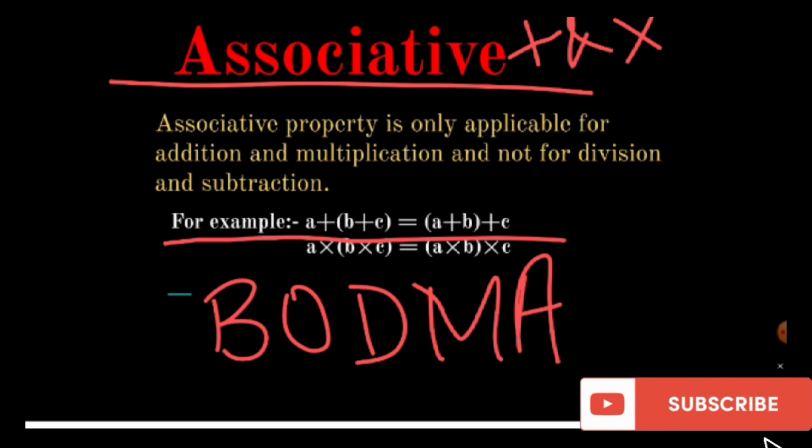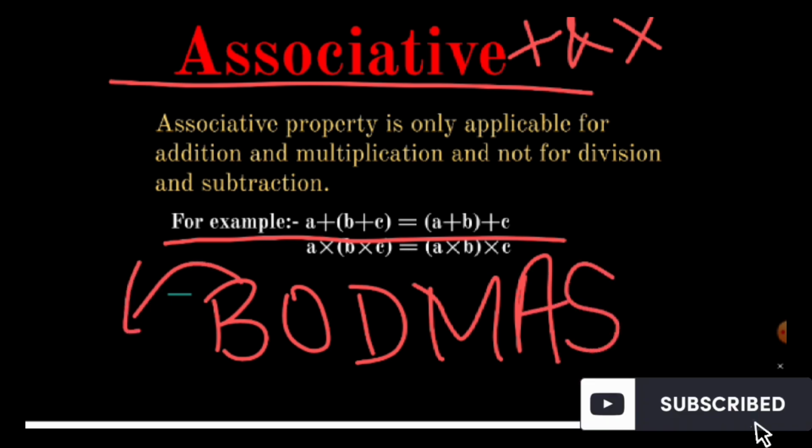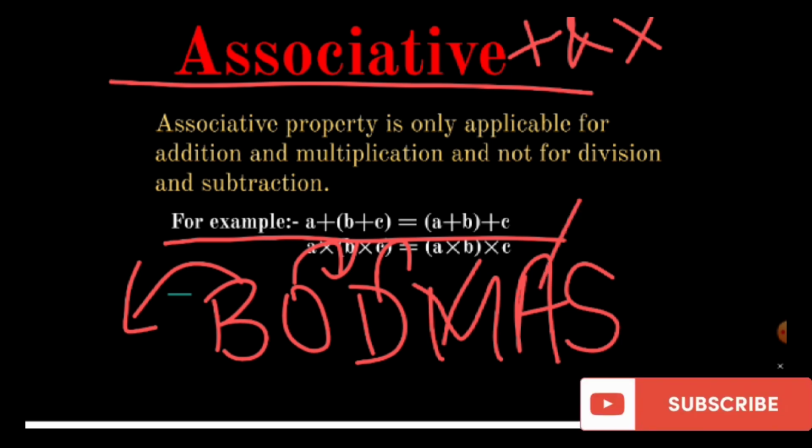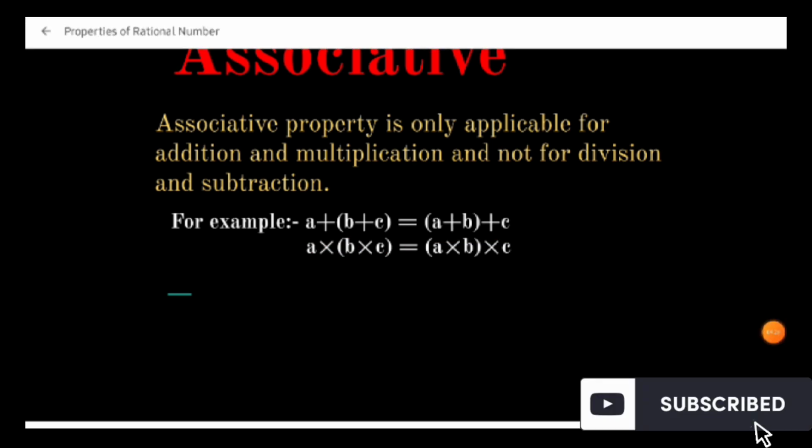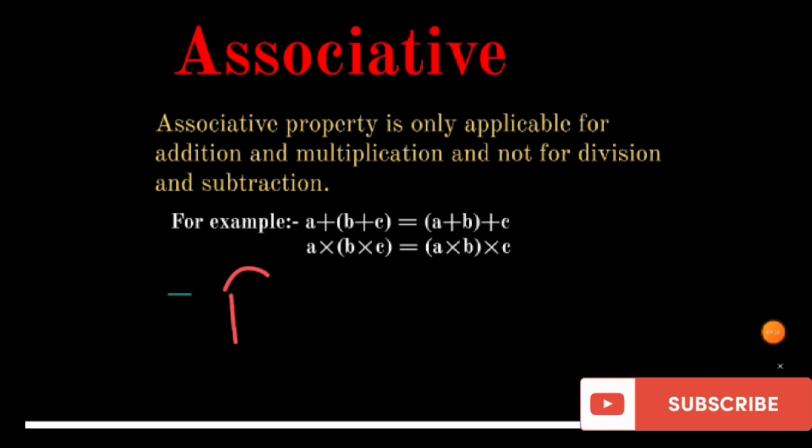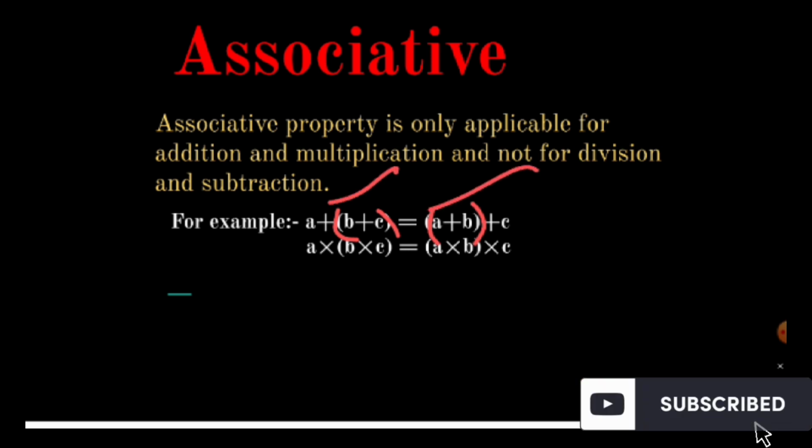In BODMAS, B is bracket, O is of, D is division, M is multiplication, A is addition and S is subtraction. So the bracket is solved first in BODMAS. This rule is applied for the associative property. So here b and c are in bracket and here a and b are in bracket. So here b and c will be solved first and here a and b will be solved first.